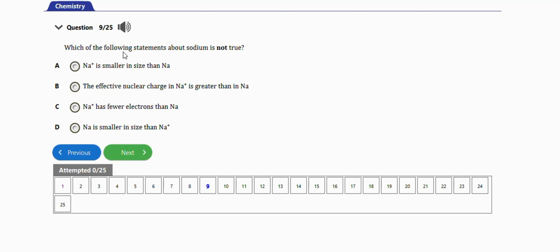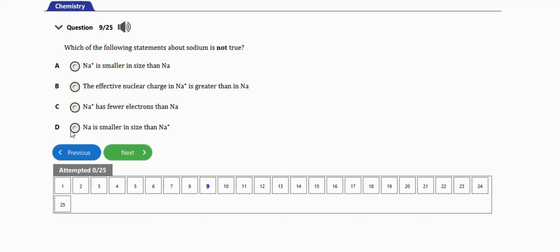It says which of the following statements about sodium is not true? We have sodium ion is smaller in size than sodium. Yes. We have the effective nuclear charge in sodium ion is greater than in sodium atom. Yes. Sodium ion has fewer electrons than sodium atom. Yes. Sodium atom is smaller in size than sodium ion.